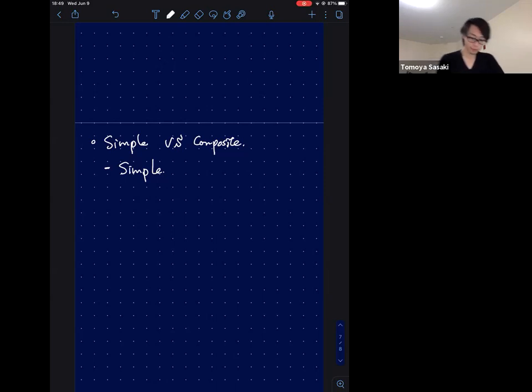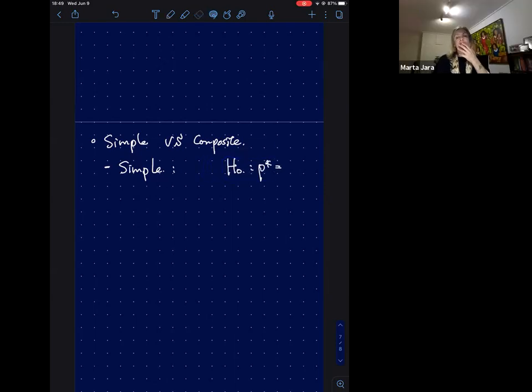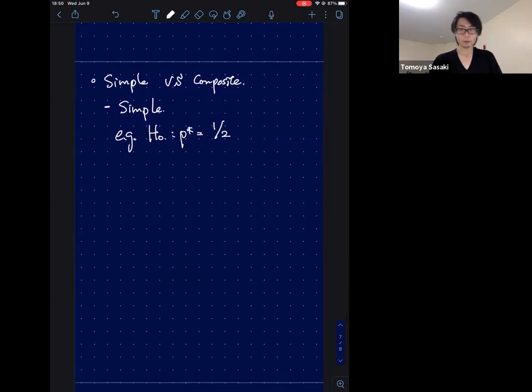All right, so a simple hypothesis is something like H naught: P star is 1/2, for example. So this is one example of a simple hypothesis.